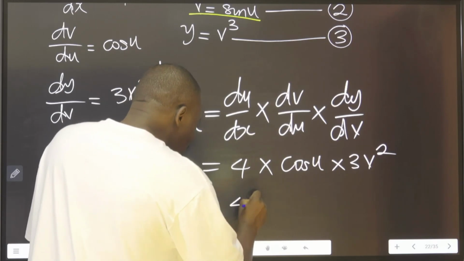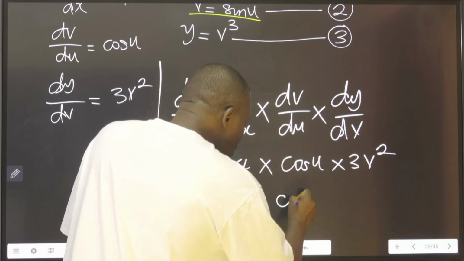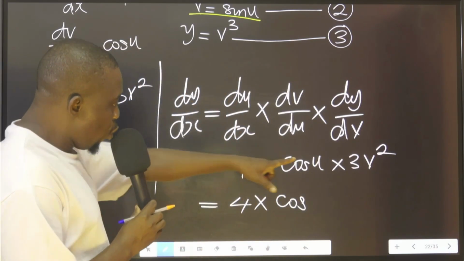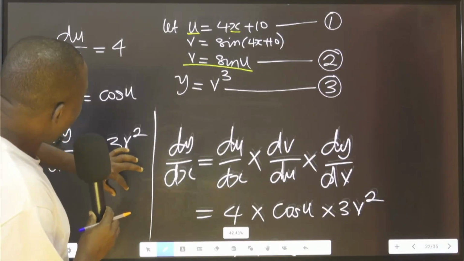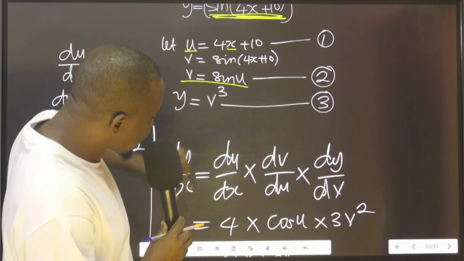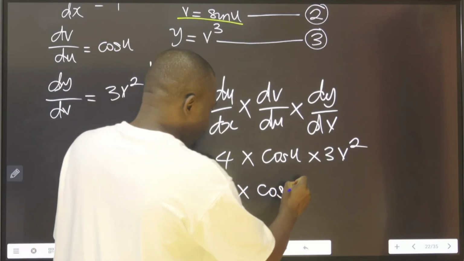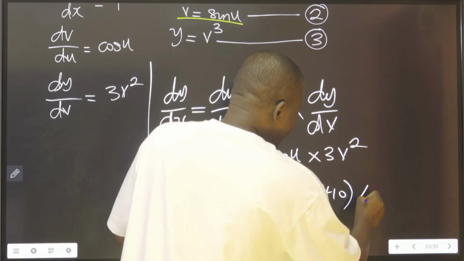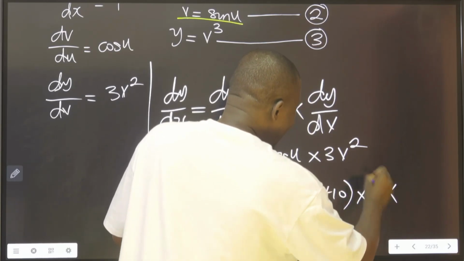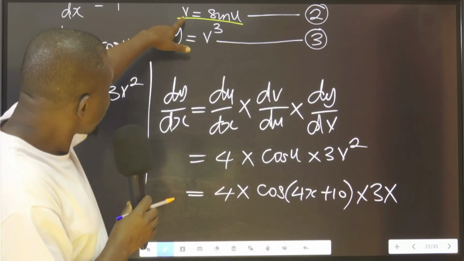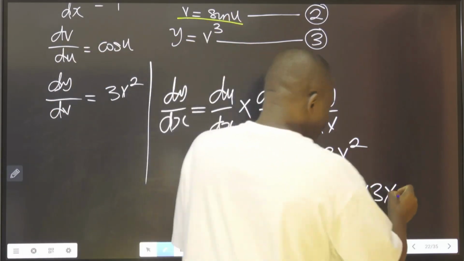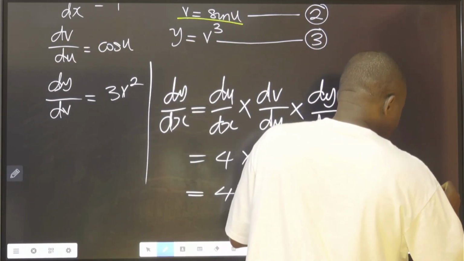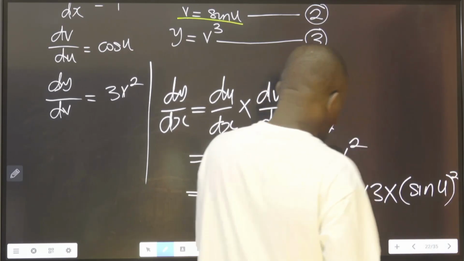All we need to do is basic substitution. What is u originally? Our u originally was 4x plus 10. So we have 4 times cos(4x + 10), multiply by 3, multiply by, what was v? v was sine u. That is sine u, then raised to power 2.